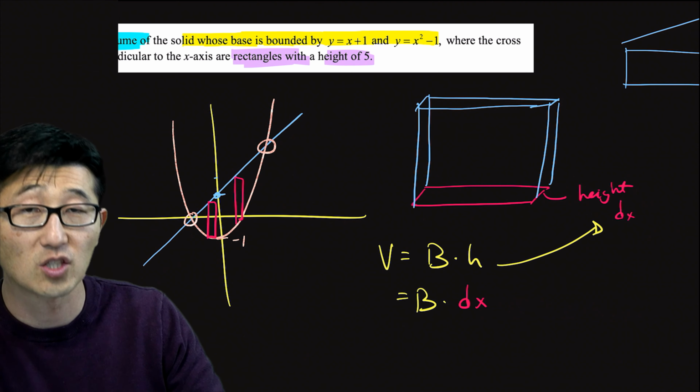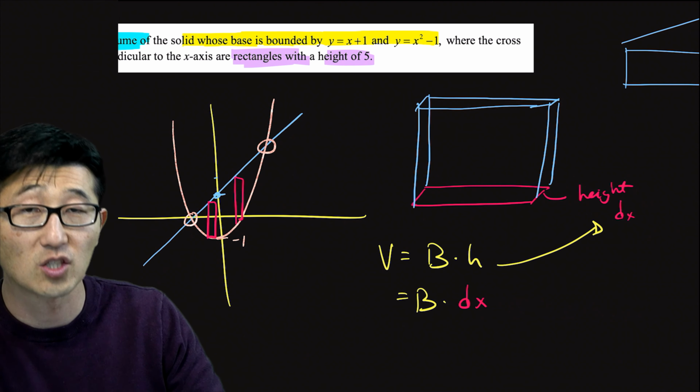It all depends on how you want to look at it. But basically, we have a rectangle. This side is 5. The question is, how long is this? This length is determined by this right over here. It's the blue line, the y value there, minus the coordinate on the parabola.